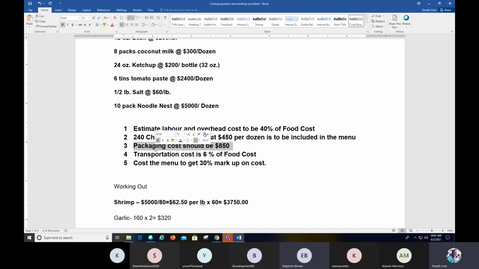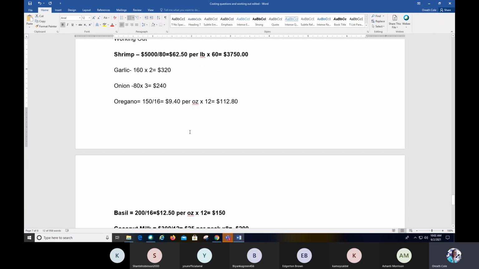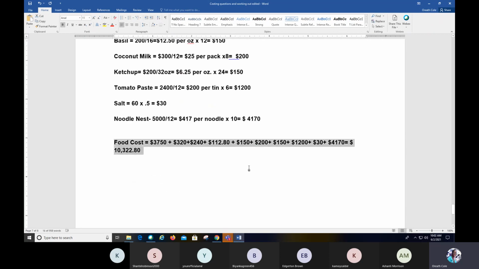You can't take it out. Packaging is an additional cost. Yes, it should be added. So you're going to find the 40% of the food cost, and we know the food cost amount.